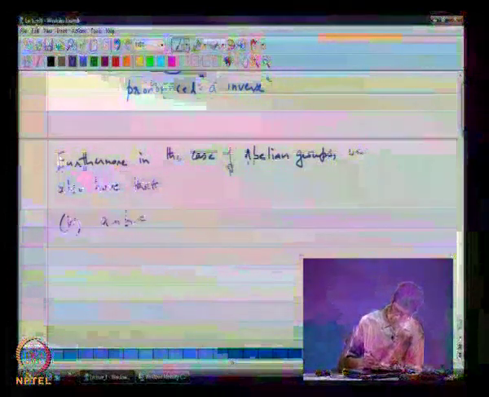Furthermore, in the case of abelian groups, we also have that A B is equal to B A for all A, B in G, and this is called the commutative property, or the commutative axiom.